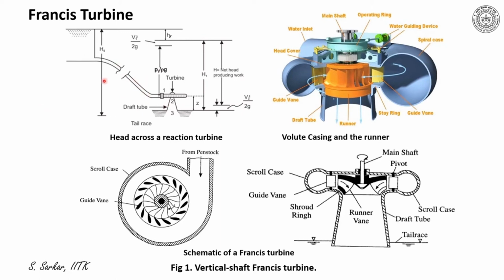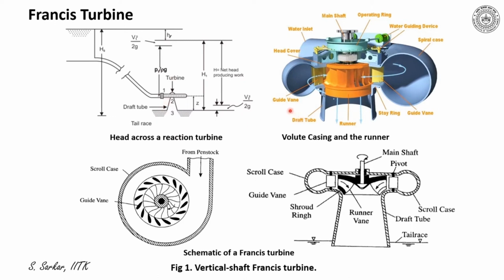So the penstock pushes the water to the turbine, and then the water is ejected after flowing through the volute casing and the turbine via the draft tube to the lower sump. And thus from this picture one can appreciate what is the head available at the entry to the turbine.